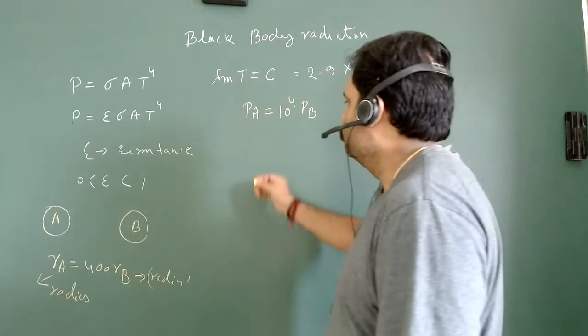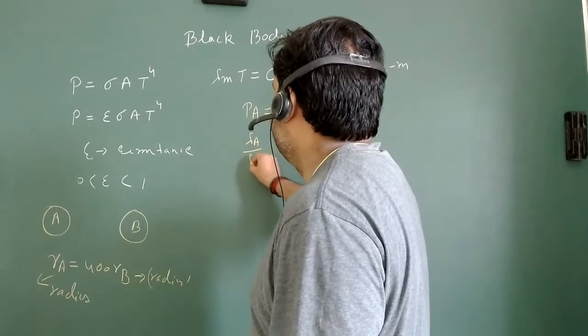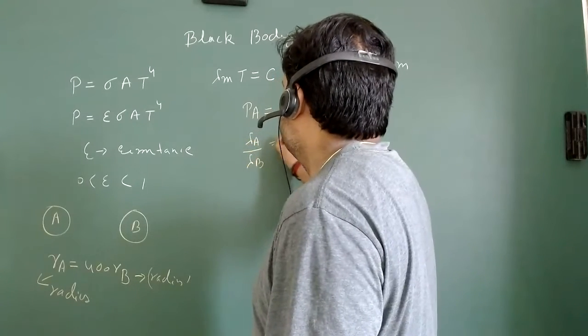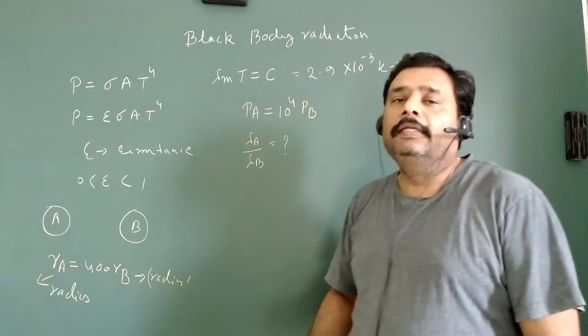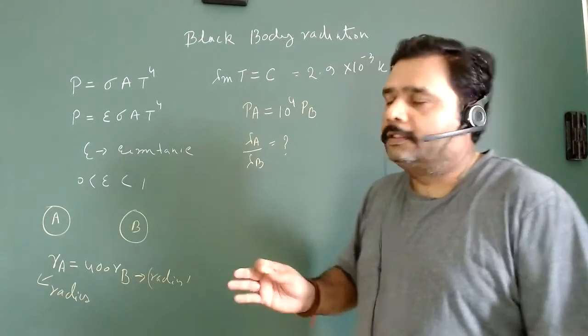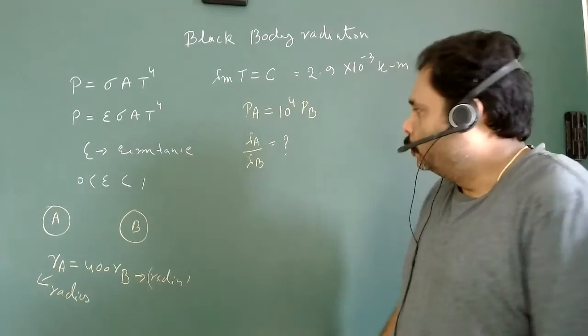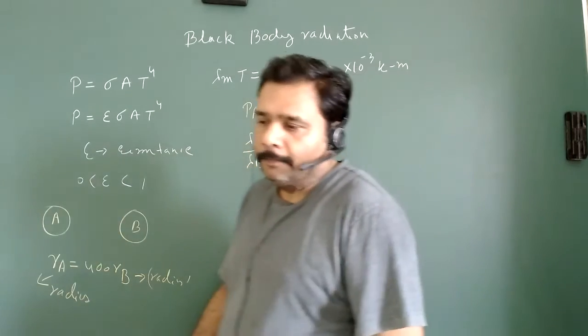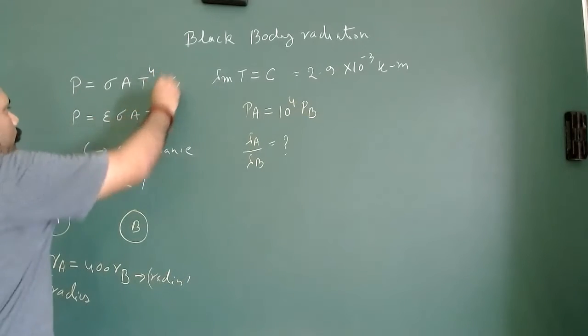We have to find lambda A upon lambda B, the ratio between lambda A and lambda B, where lambda is the wavelength for which intensity is maximum. This means we have to use Wien's formula. How can we approach this problem? It is a very simple problem. We have to use this particular formula.